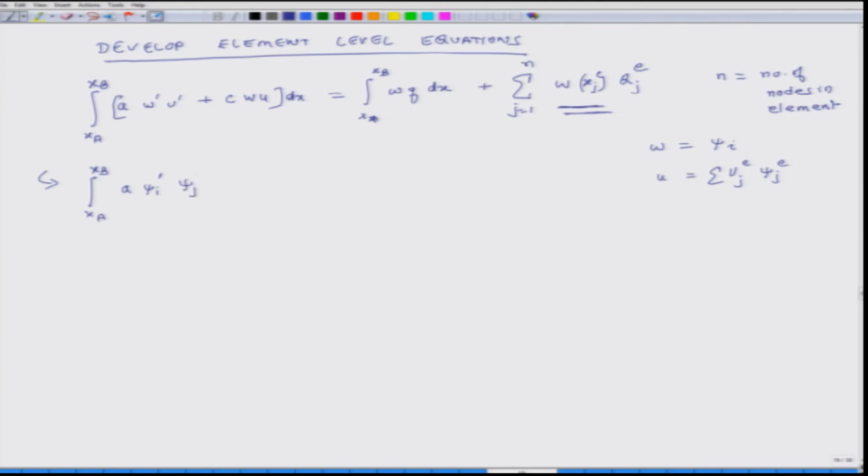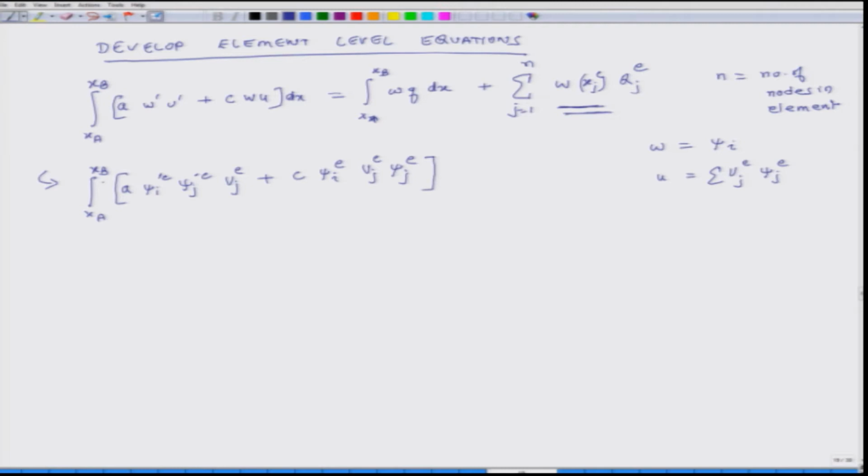So, that is psi j for the eth element times u j, plus c psi I e times u j e psi j e.